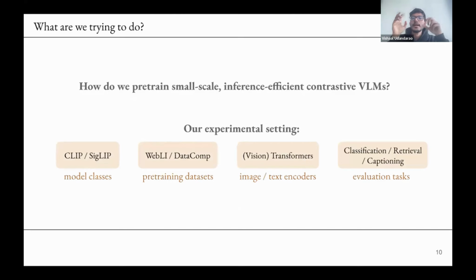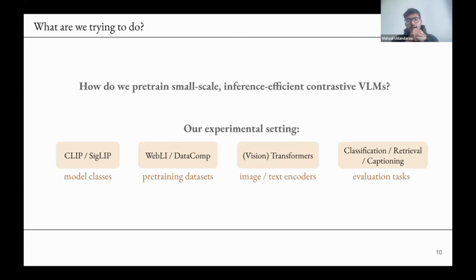These are just standard contrastive VLMs that you would train to match image-text pairs that you source from the internet. And then we source a bunch of pre-training datasets that are primarily used in vision language pre-training, both WebLI, which is Google internal, as well as DataComp, which is publicly released.